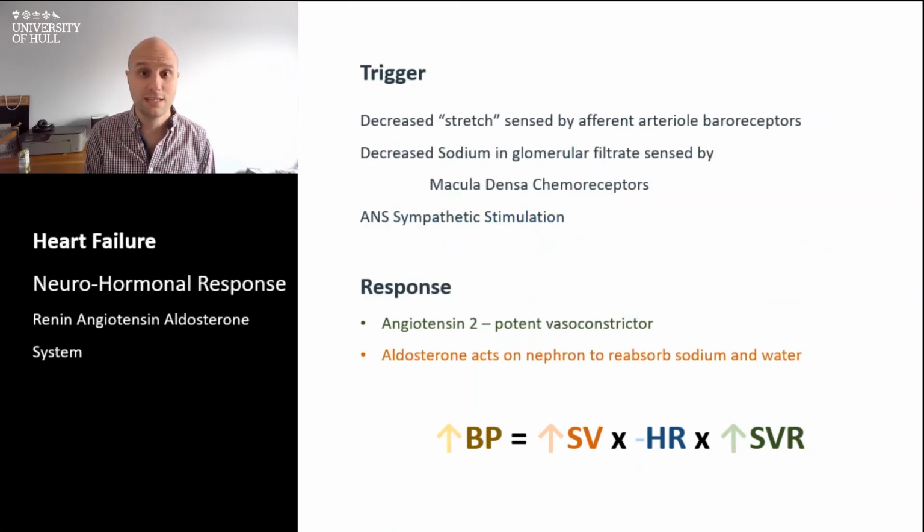The renin-angiotensin-aldosterone system, well, there's a number of triggers for the release of renin and ultimately the production of angiotensin 2, which is a vasoconstrictor, so more increase in systemic vascular resistance there, and ultimately aldosterone being released from the adrenal cortex, which causes the nephron to reabsorb both sodium and therefore water, which will increase the preload.